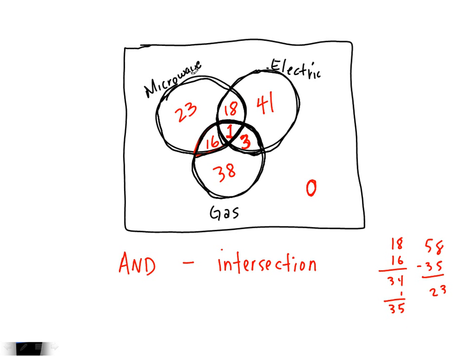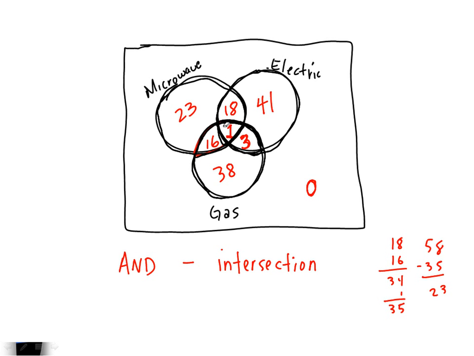That'll be everything inside all of these, because at least one means they could use one, or two, or three things. So that represents everybody that's in here. So that'll be 140.